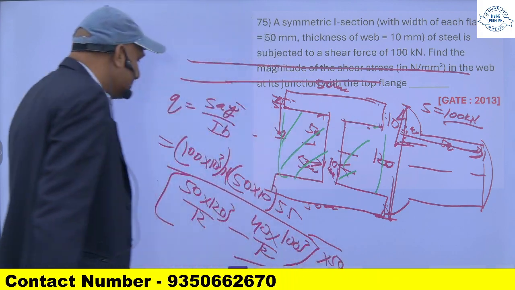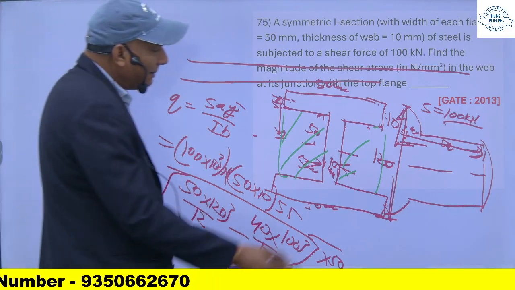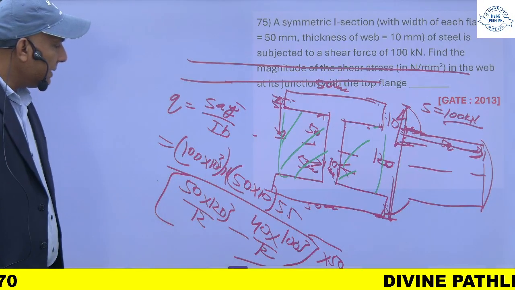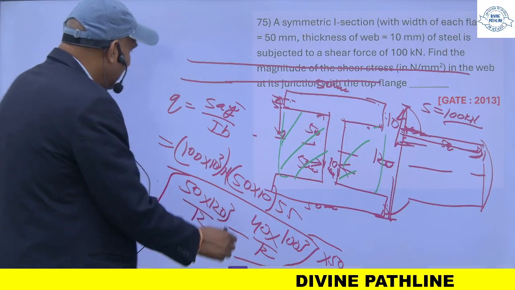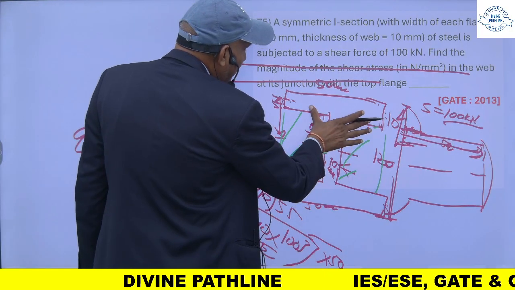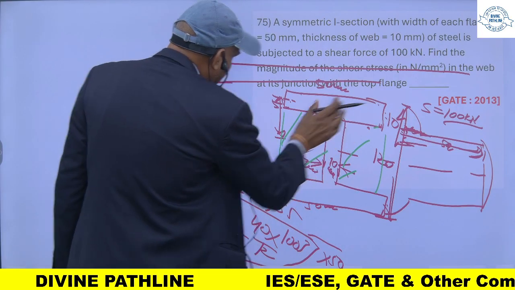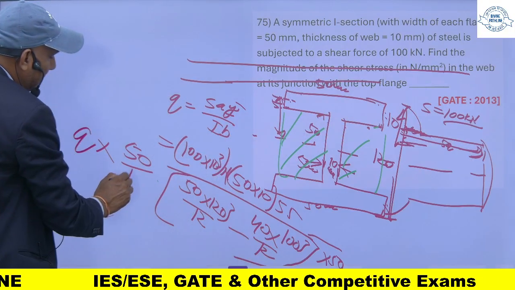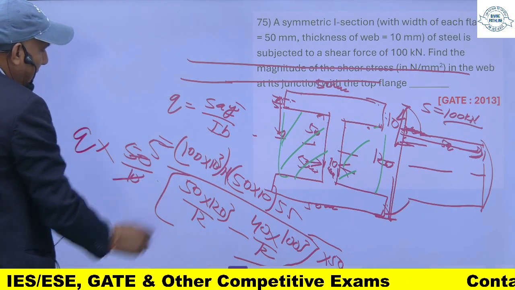I will get the shear stress at this level. This Q I will get. Once I get this, I will multiply this Q by the ratio of the flange width to the web width. This will be 50 upon this web width thickness, which is 10. I will multiply this by 5.